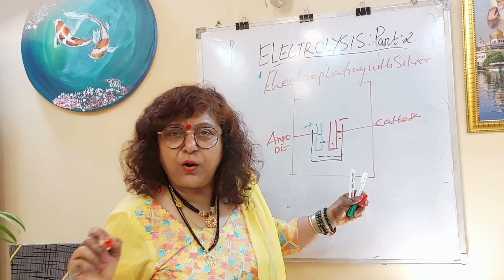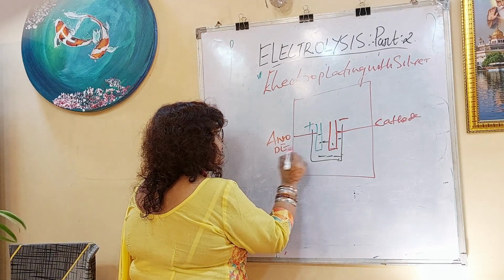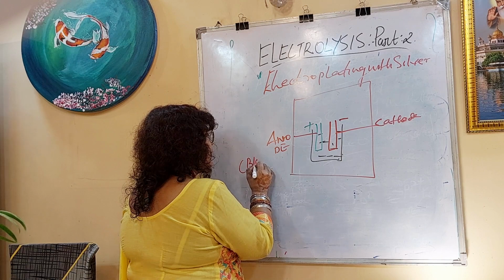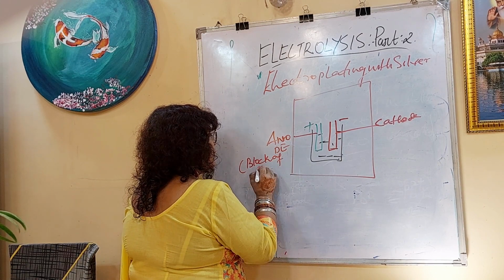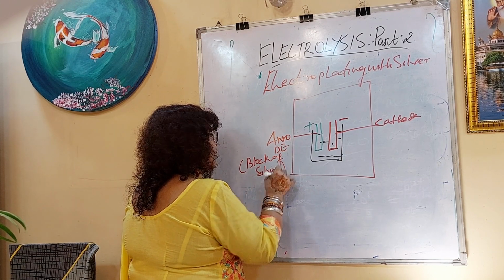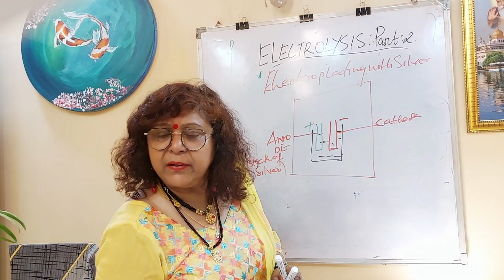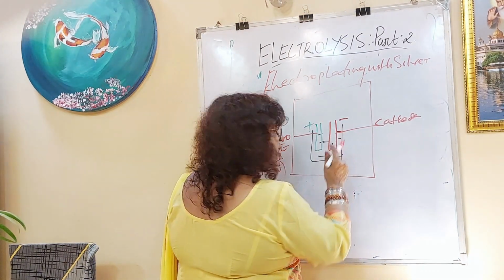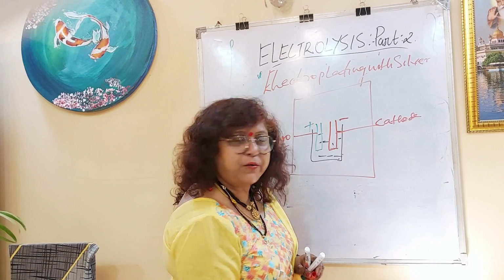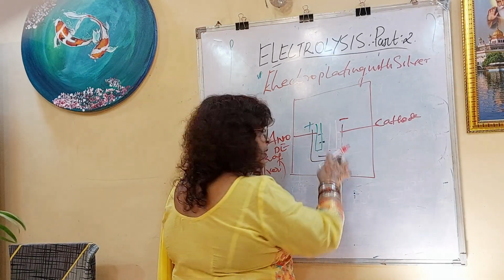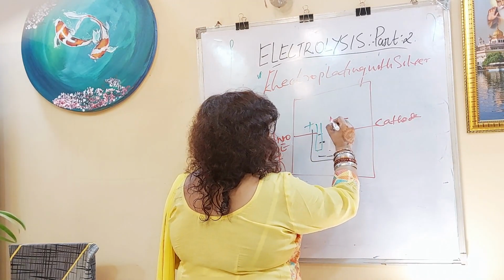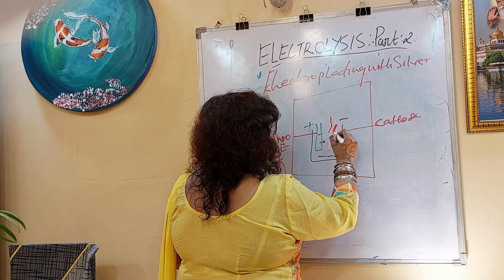So here we take a block of silver. This anode is nothing but a block of silver. Now what about the cathode? This cathode is nothing but the article to be electroplated. Say I want to electroplate a spoon. So I will draw one spoon.